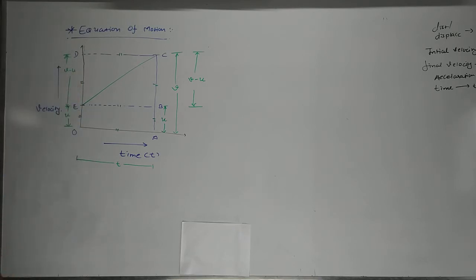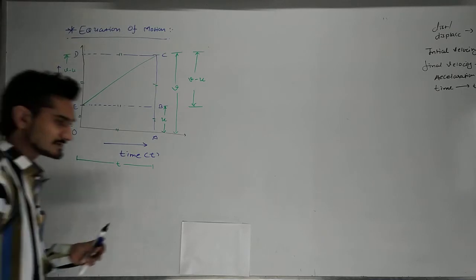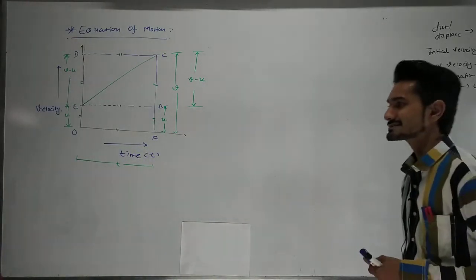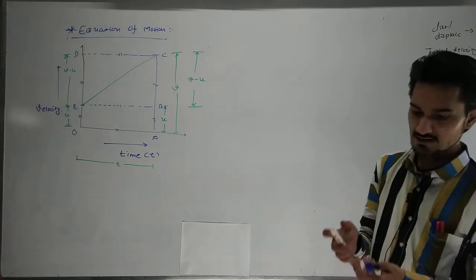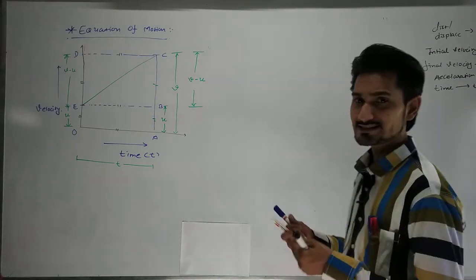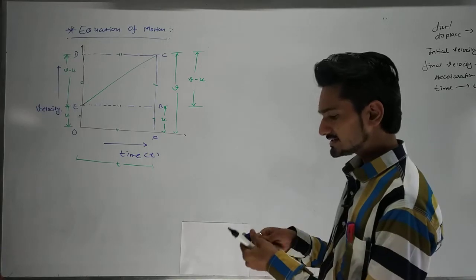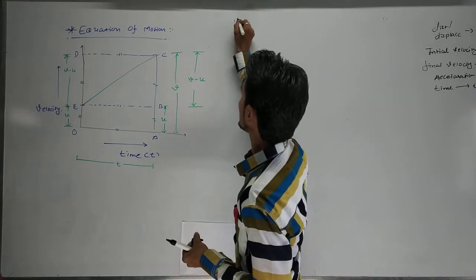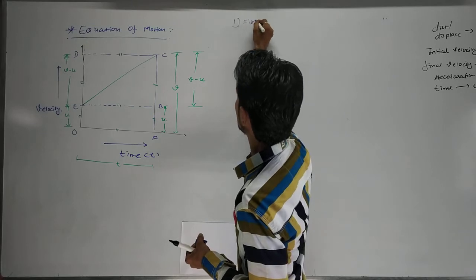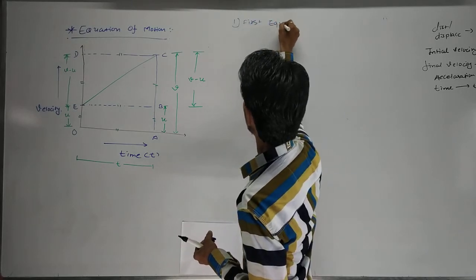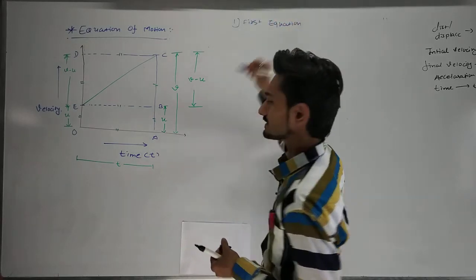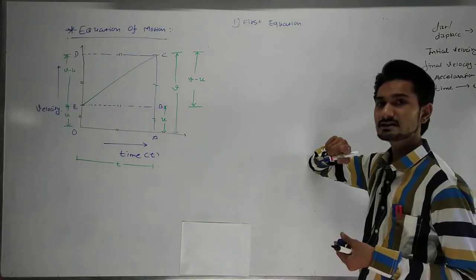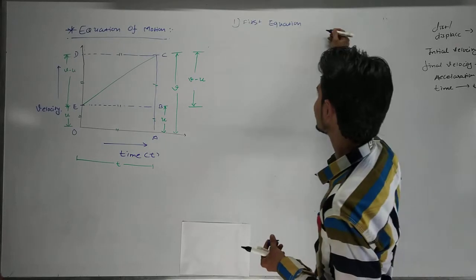These are all the quantities we have represented here, and afterwards we start the first derivation of the equation. First equation we have to derive: again I am repeating the first equation because we are going to derive the second equation, and it will also include the first equation's derivation.